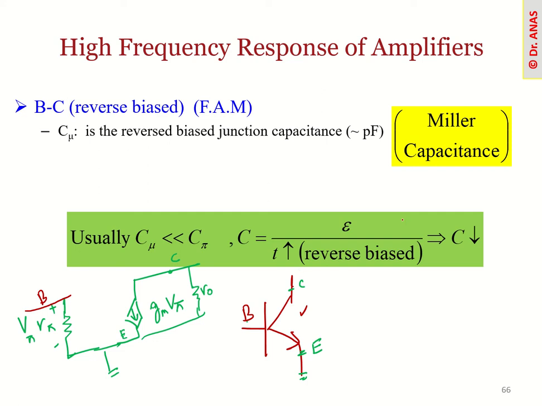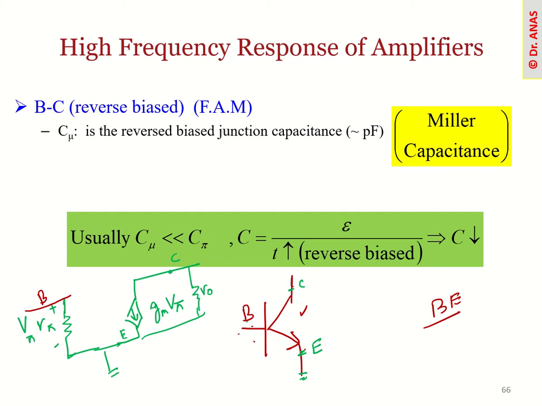Now basically there will be two internal capacitances in the amplifier. One will be across the base emitter junction.